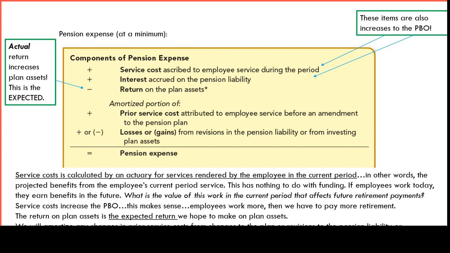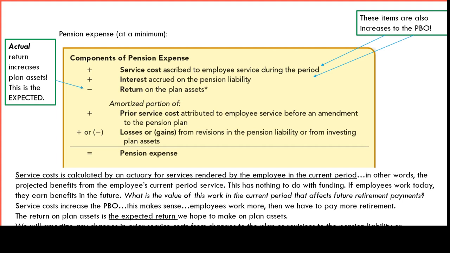Down below, you say there are prior service costs attributed to employee service before an amendment to pension plans. And they're amortizing amounts, spreading amounts over periods of time. And then it says losses or gains from revisions or for investing in plan assets. I want you to be less concerned about these items.